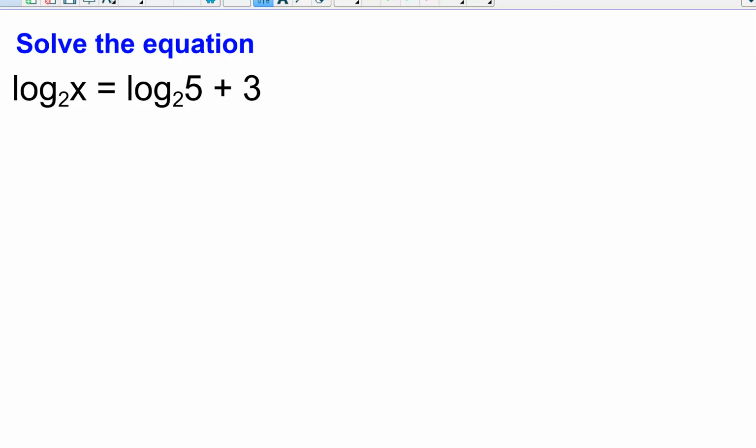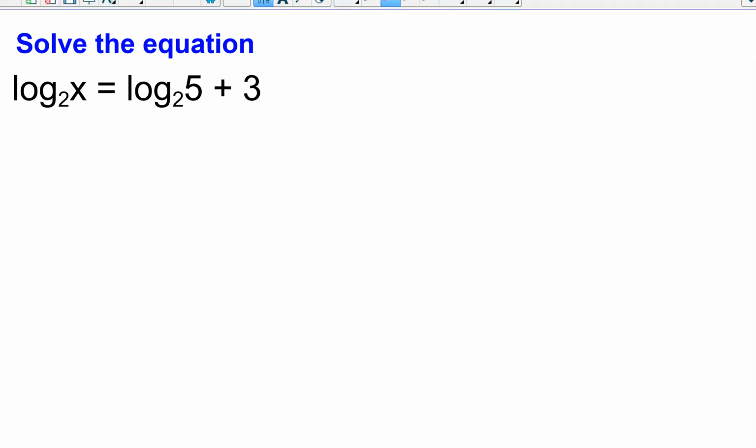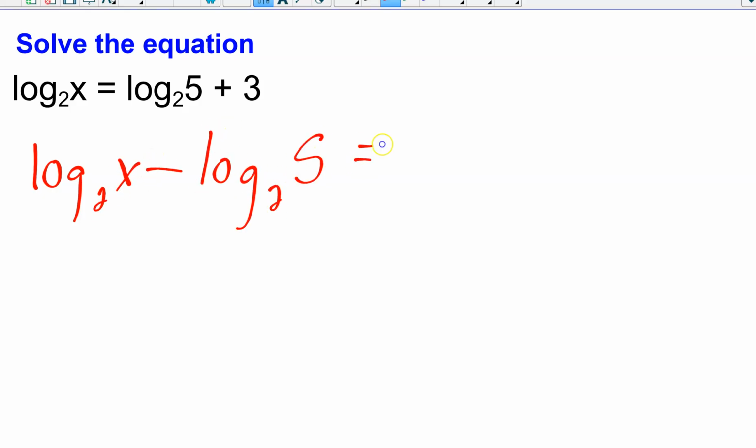Last one, solving. I want to get the logs together first. So I'm going to do the log base 2 of x minus the log base 2 of 5 equals 3. I'm subtracting, so I would divide these.